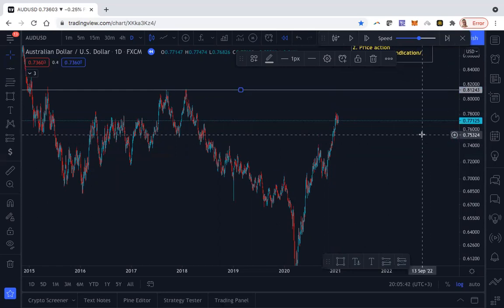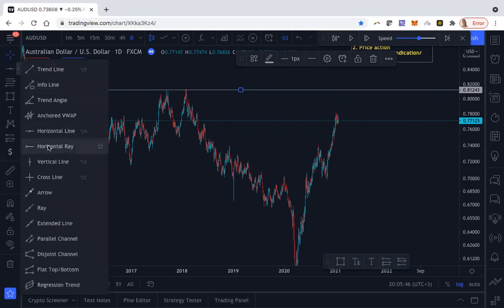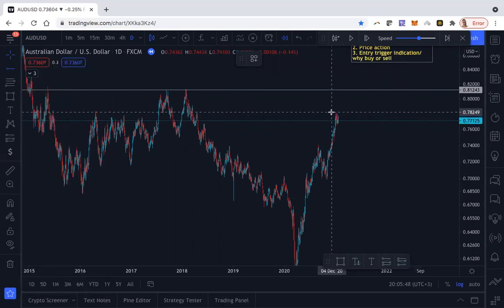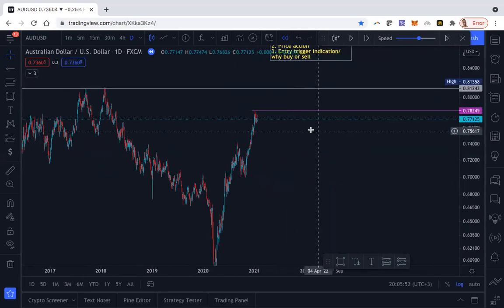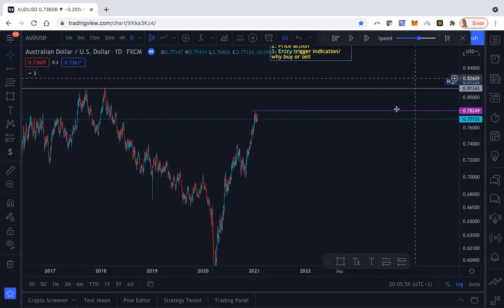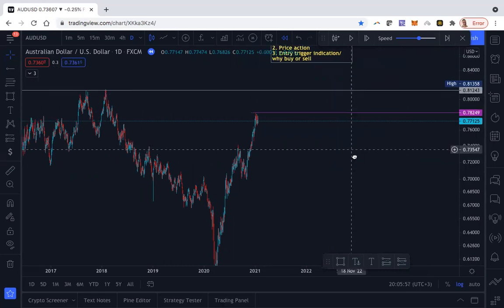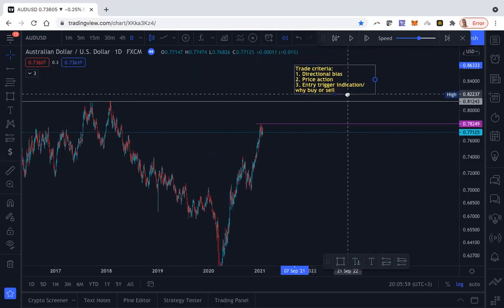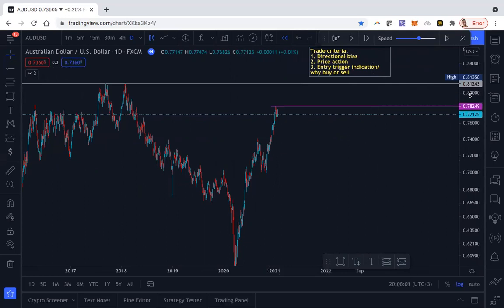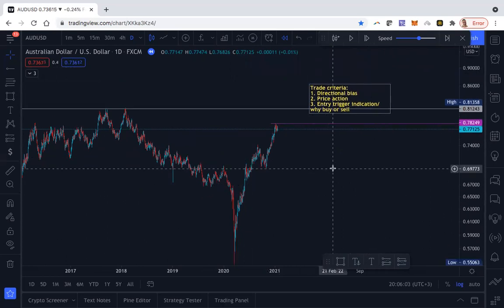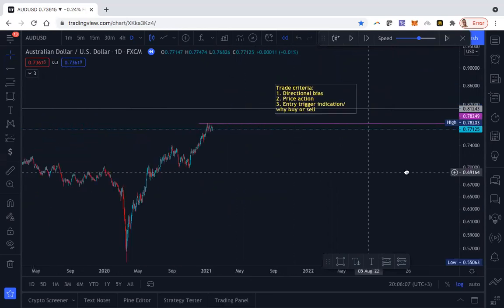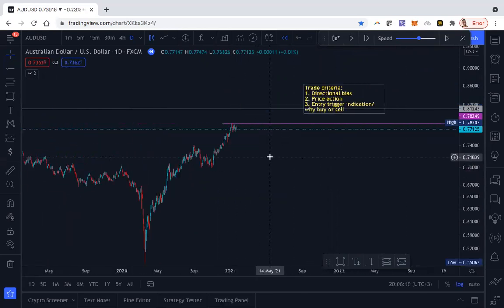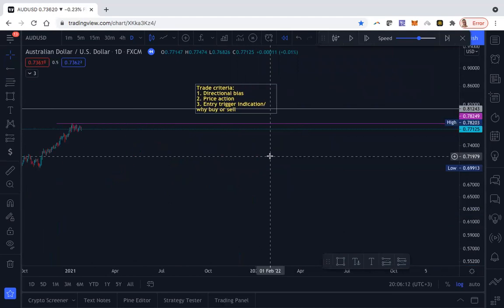The fact that price didn't break this level means the chances of price pushing any further are not high probability. Possible, yes, but low probability that it will break to the upside. That's basically what I'm thinking.